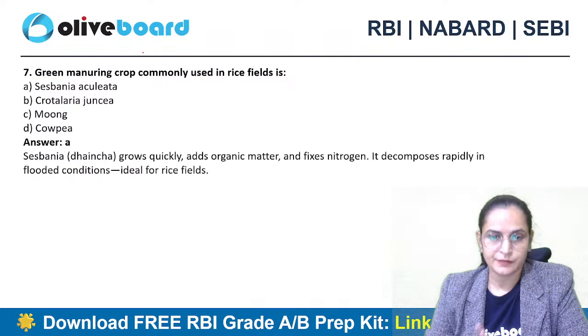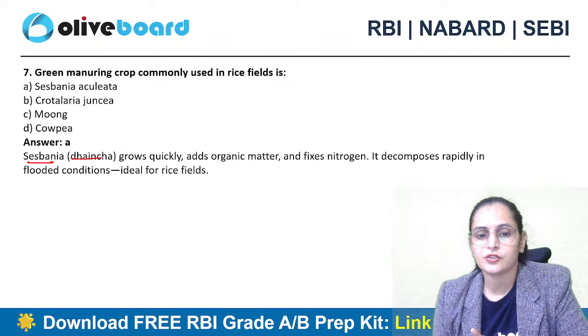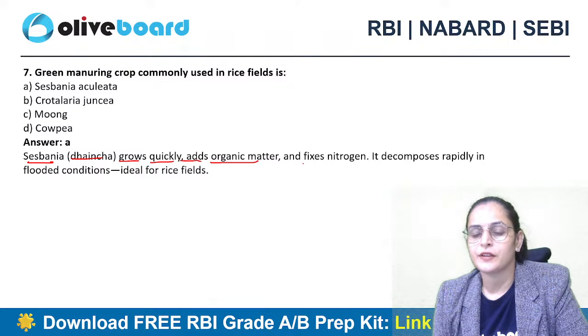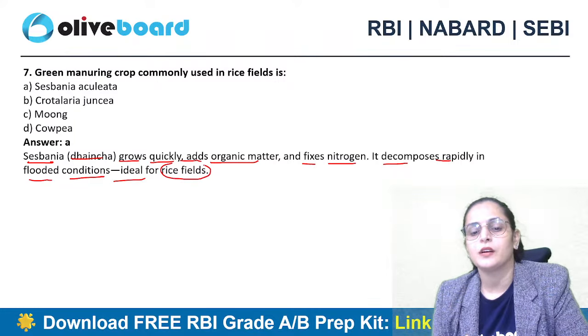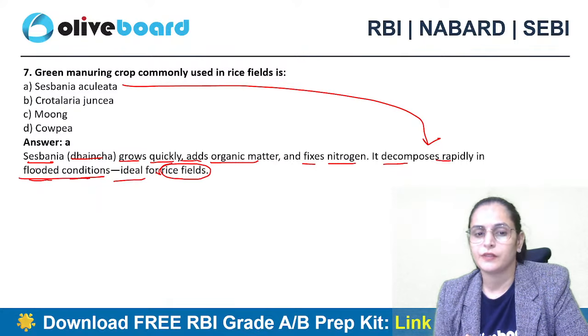Rice field is the word that you have to focus upon. So Sesbania, Dhencha, grows quickly. It adds organic matter. It fixes nitrogen. It decomposes rapidly in flooded conditions, and that's why it is ideal for rice fields.